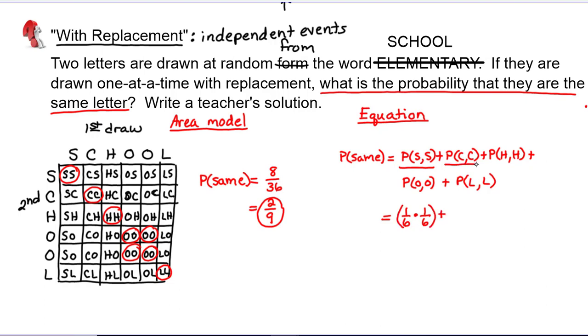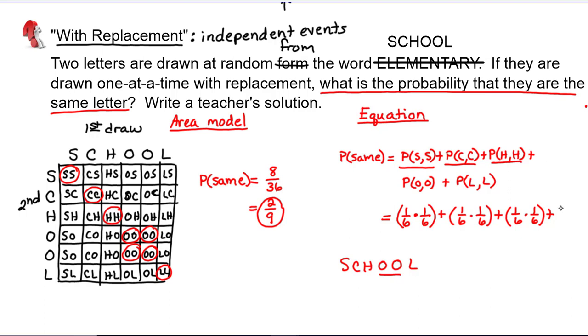Now I look at the probability of getting a C and a C. The first time is 1/6. The second time is 1/6. We do the H's. The H's work the same way. Let's just go down here to make sure that we're looking at the right thing. The H is still 1/6. Okay, so that was the H's. Let's deal with the O's.